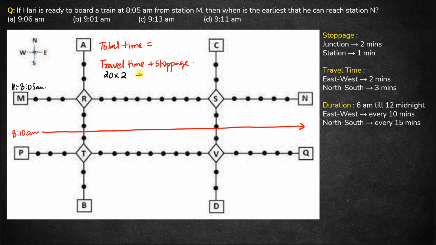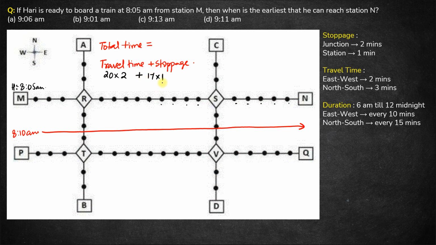Okay. Plus there will be a stoppage time. Now stoppage time will be either at these circular stations or at these diamond junctions. So let's count these circle stations. 1, 2, 3, 4, 5, 6, 7, 8, 9, 10, 11, 12, 13, 14, 15, 16, 17. So at each of these 17 stations the train will stop for 1 minute.